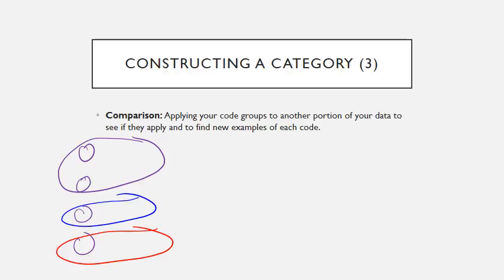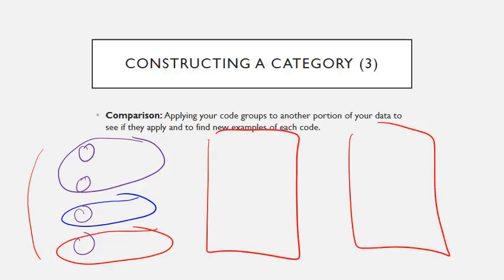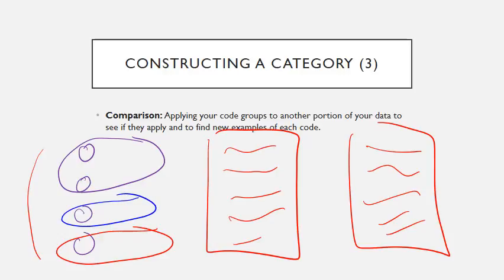Comparison is where you take these code groups and apply them to another set of your data. Remember I said you only do open coding on the first 2 pages, and then you start to do your axial coding. So then let's say on pages 3 and 4, you apply these code groups and look for examples of these groups in pages 3 and 4.